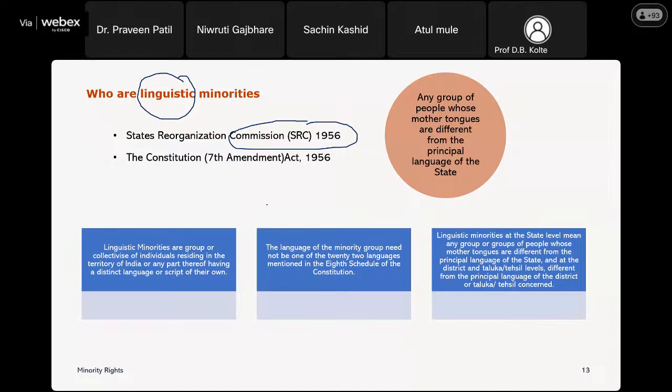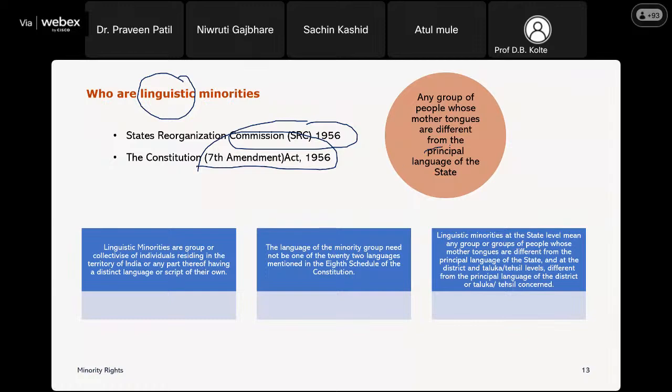And therefore, linguistic minorities were also taken care of by the Indian Constitution by way of the 7th Amendment. Who are linguistic minorities? It is a simple formula.